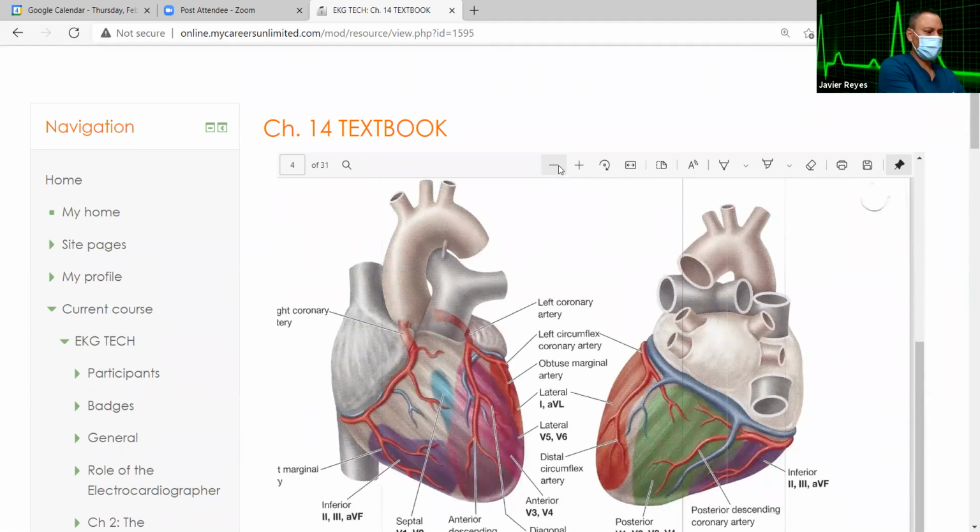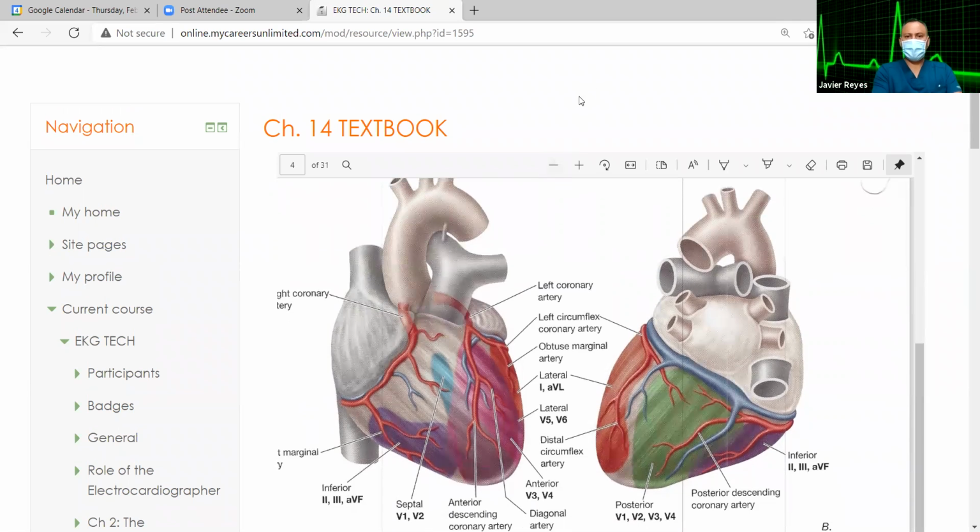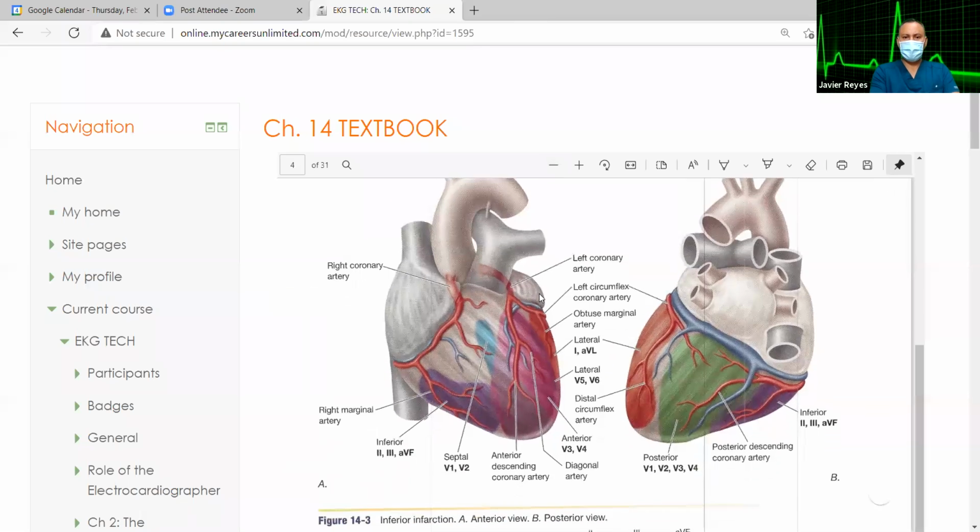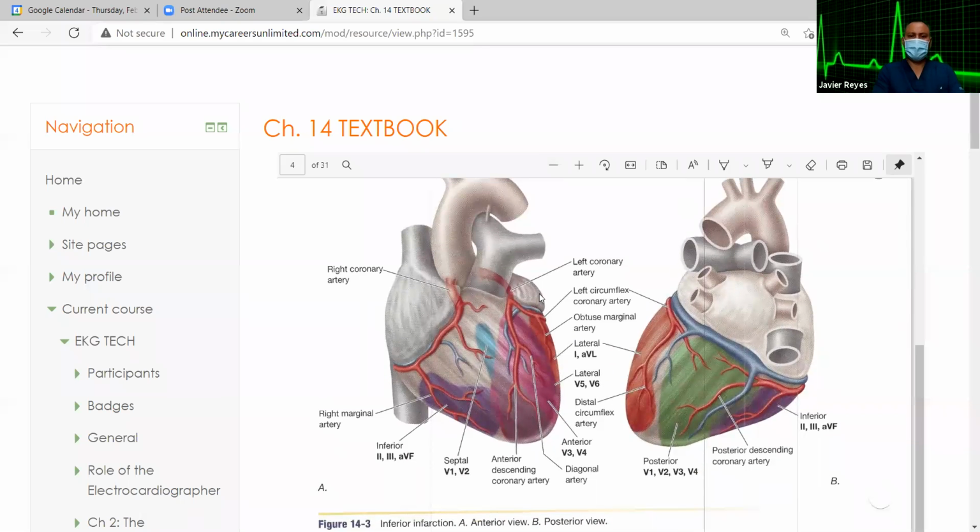And you can see the pictures along with the leads that look at that particular artery. So an inferior infarct can be located with looking at which leads? An inferior infarct, lower part of the heart.